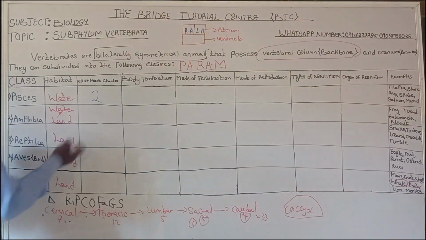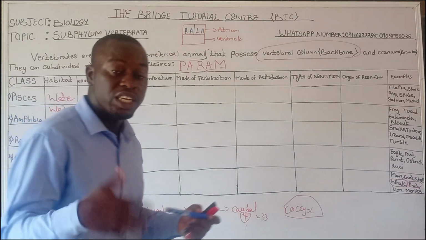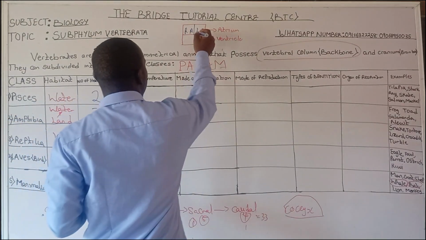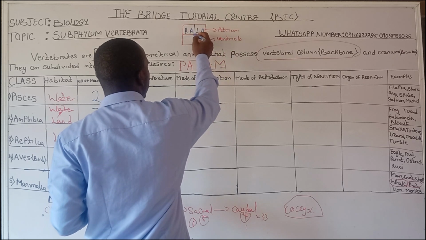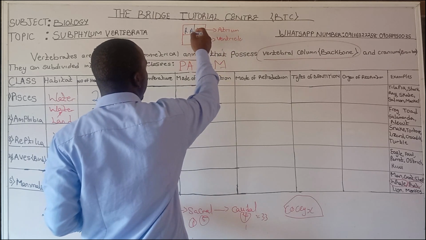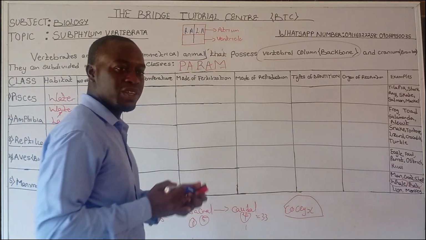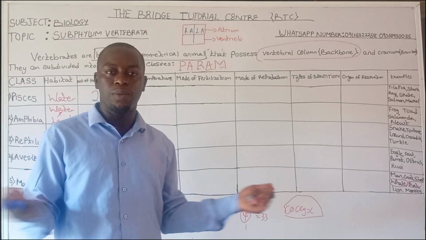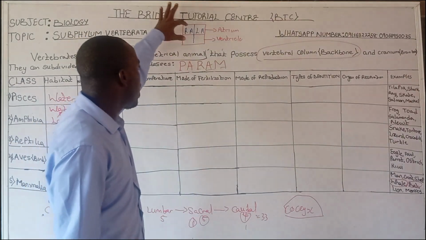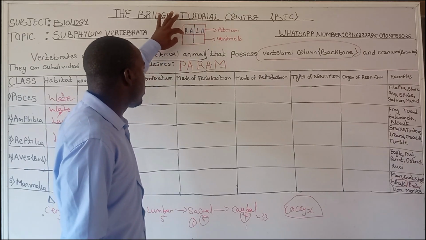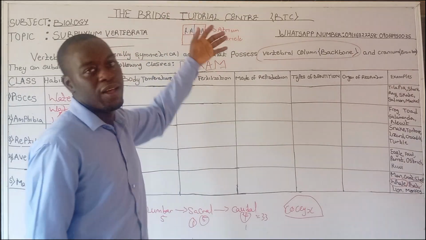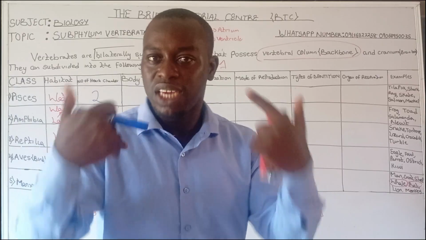So the amphibians have 3 chambers. What about the next one? The Reptilia, the reptiles. The reptiles have their atrium divided completely. Then what about the ventricle? Incomplete division. So how do you count this? That's a problem. It's somehow problematic. You can see we have 1, 2. How do you now count? Do you say 3, 4, or you just say 3? So that's why they give it 3 and a half.